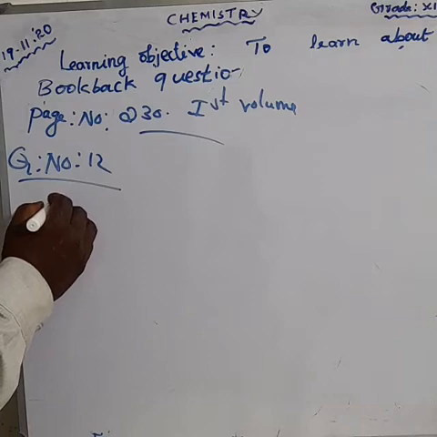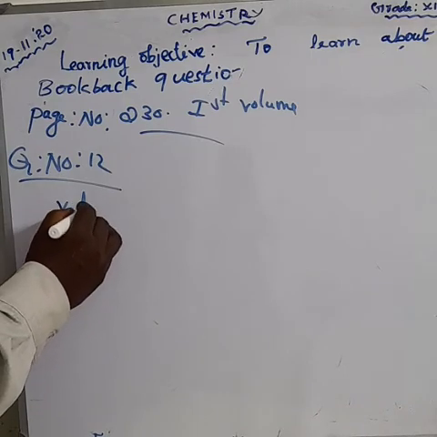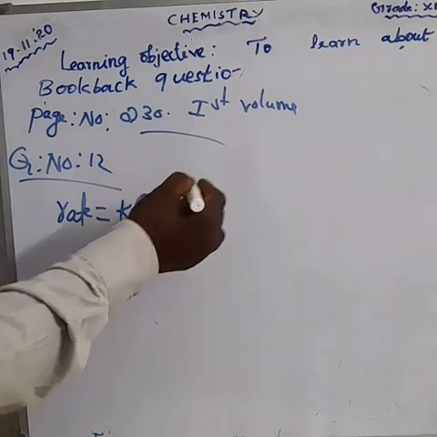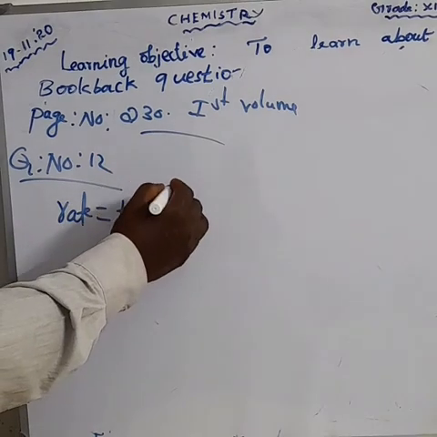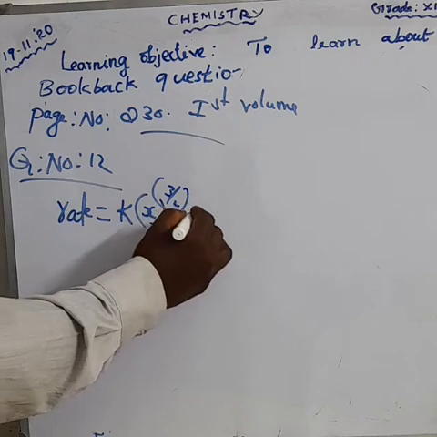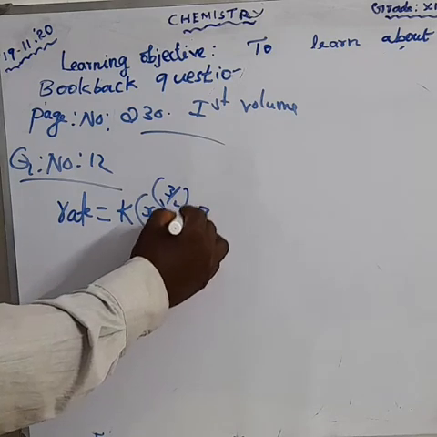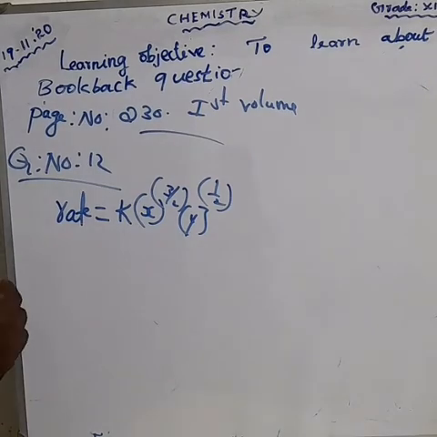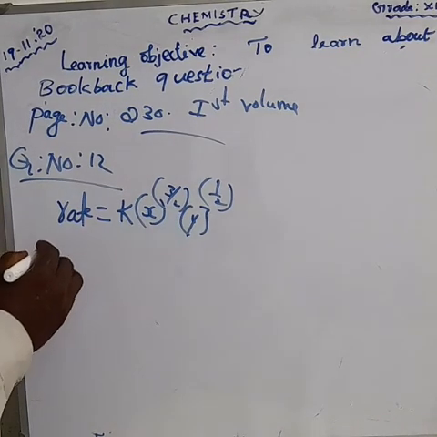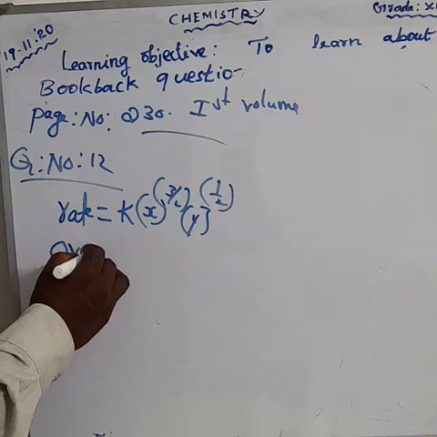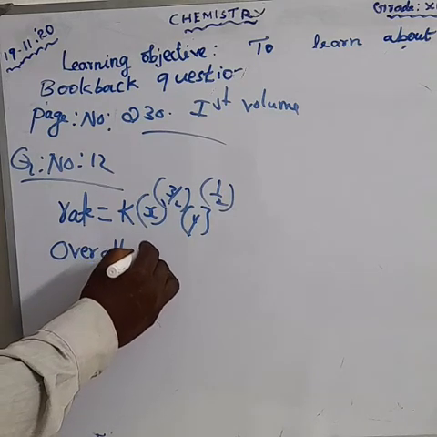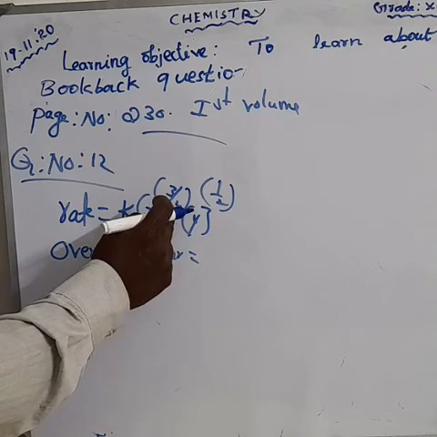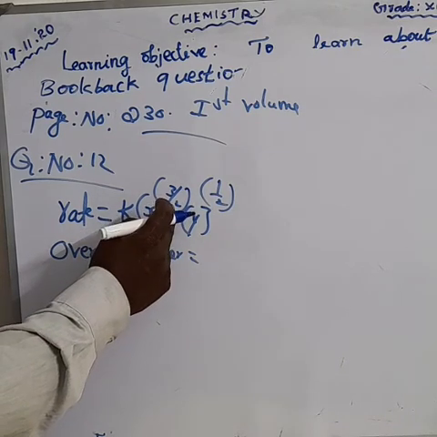What's the formula? Rate is equal to k into X to the power 3 by 2 and Y to the power 1 by 2. Overall order, you should write the overall order. X value having 3 by 2.